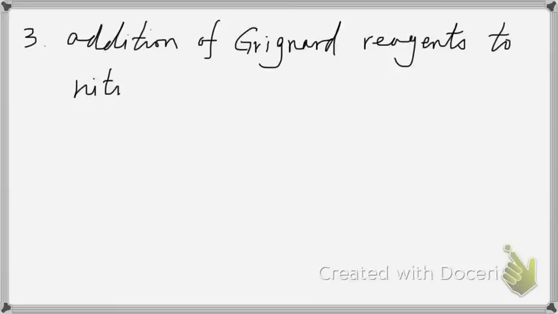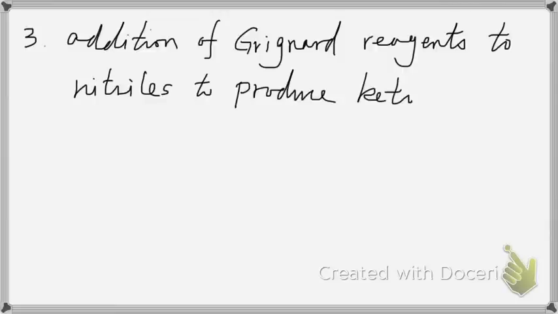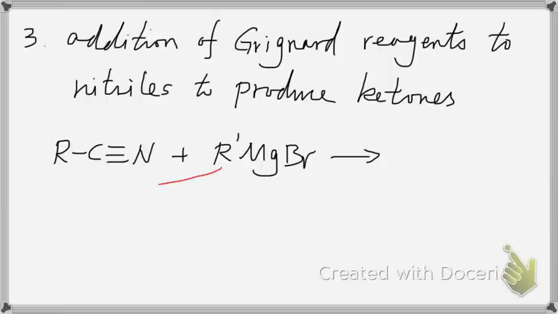The next reaction for nitriles is the addition of a Grignard reagent to the nitrile carbon. Eventually, it will produce a ketone. So the nitrile carbon is also electrophilic, and the Grignard reagent will attack the nitrile carbon, breaking one of the carbon-nitrogen bonds.